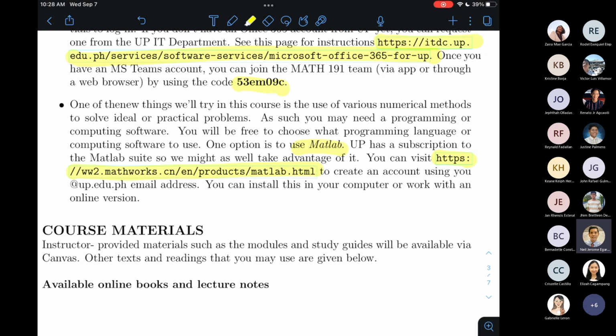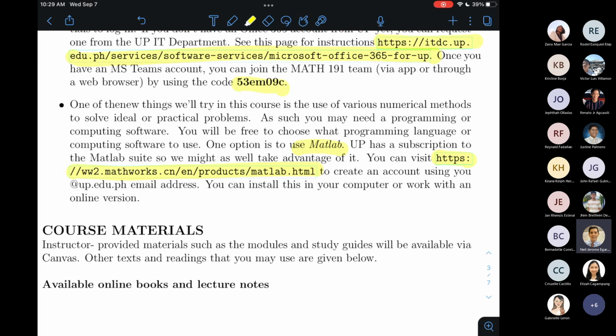Pwede kayo mag-solve, pen and paper, and then para makuha yung solution or i-compare yung solution na nakuha nyo by hand with the actual solution, you can ask MATLAB to do the symbolic calculations for you. All right? And then there could be some application problems that are very tedious to solve using pen and paper, siguro kakailanganin natin ng MATLAB to solve them.